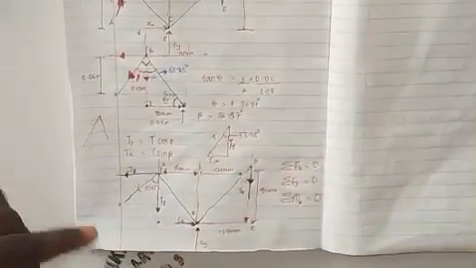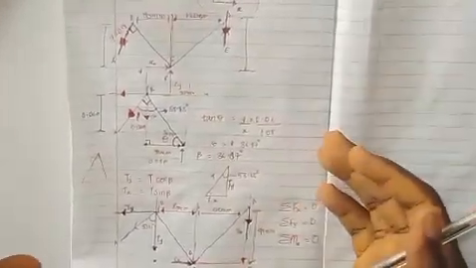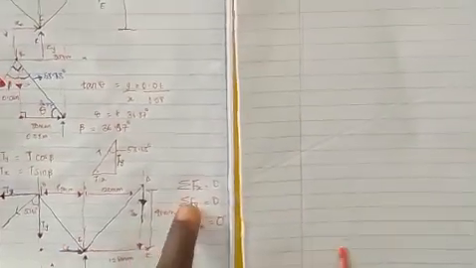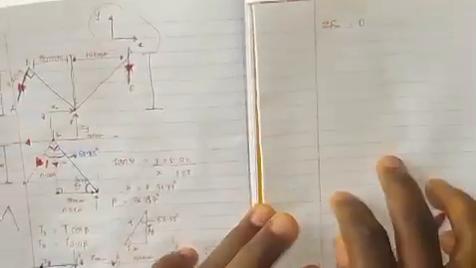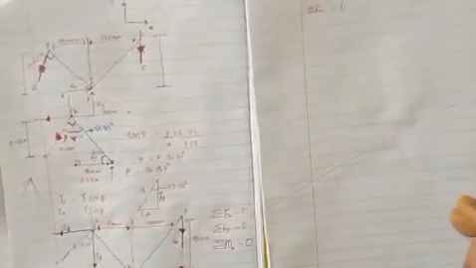So now let's first start the summation of force in x equal to 0. Since we've already identified our equation, now let's resolve these forces in x. Don't forget we have our Tx, which is T sine beta.